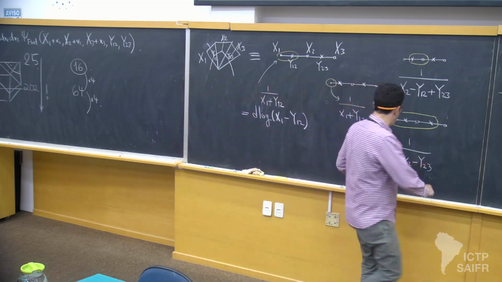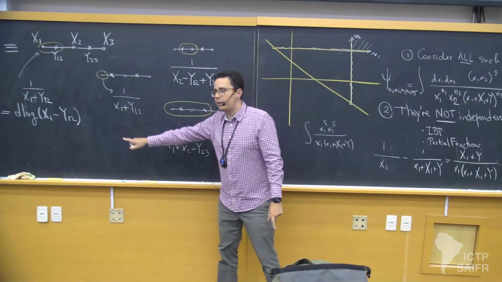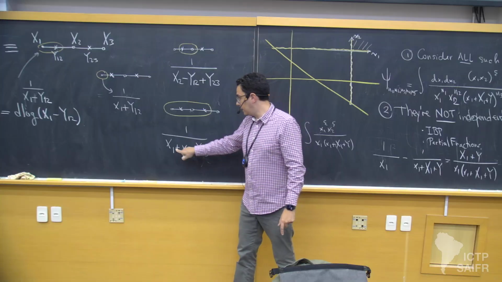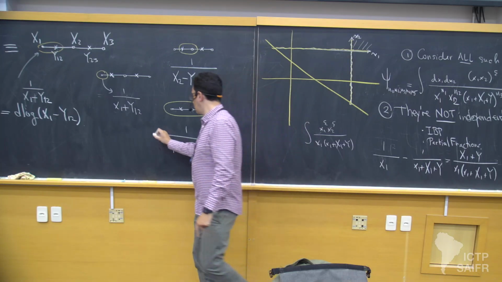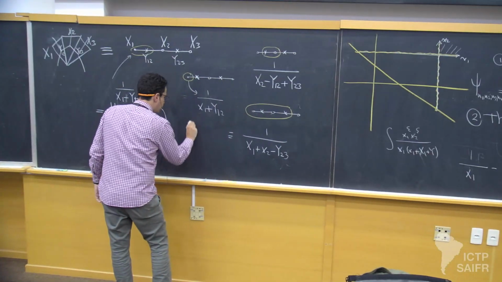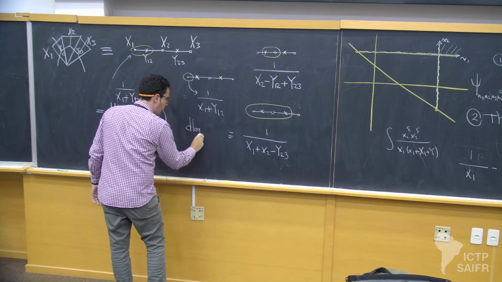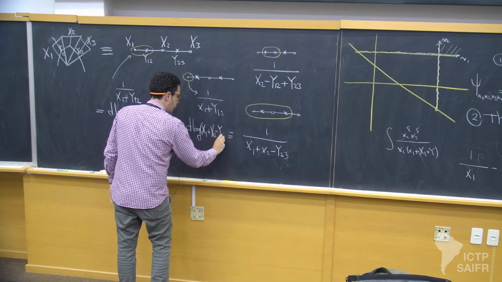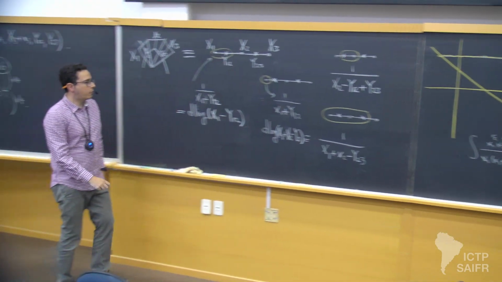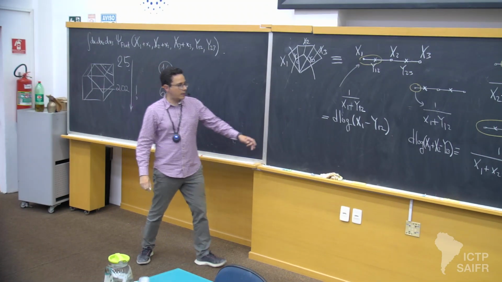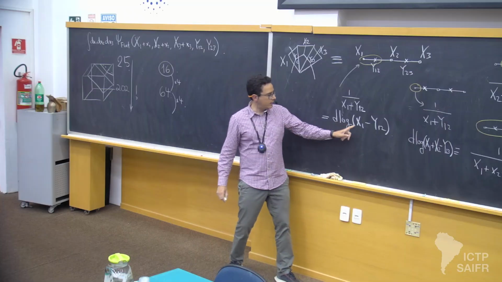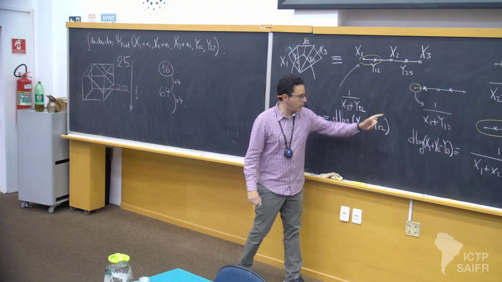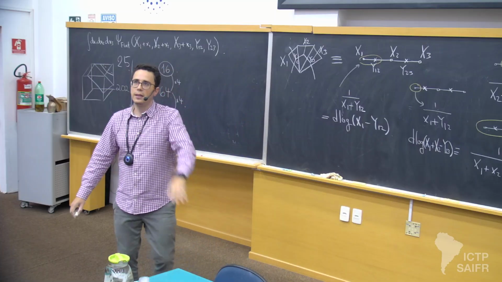Here, this denominator will appear whenever I take a derivative with respect to x1, x2, or y23 with signs given like this, okay? So it's just because I want to kill all birds with one stone, not to talk about the differential equation in every variable. You just bundle them up in these forms. Okay, so this is just a vector that has the derivative with respect to x1 in the x1 direction, the derivative with respect to y12 in the y12 direction, and is 0 in the other directions, okay?